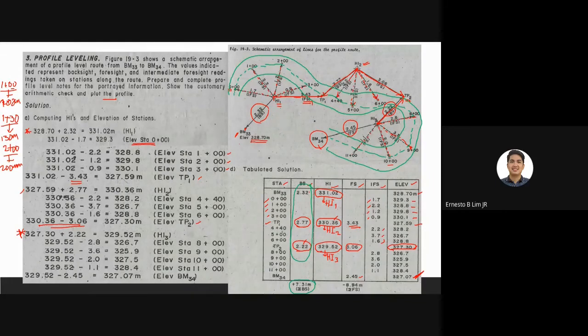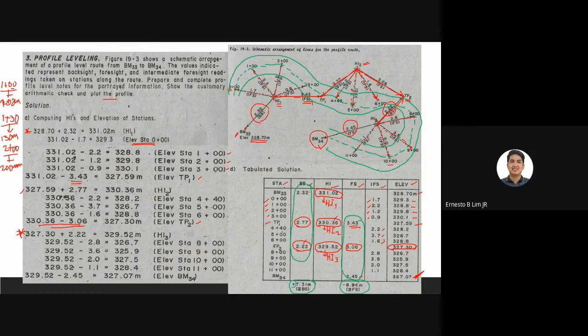And the same with foresight. So you have these entries here for your foresight. Then just simply add arithmetically all of these numerical figures. Your summation of foresight would be equal to negative 8.94.